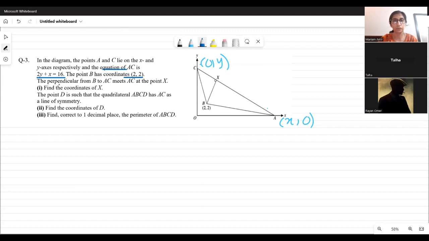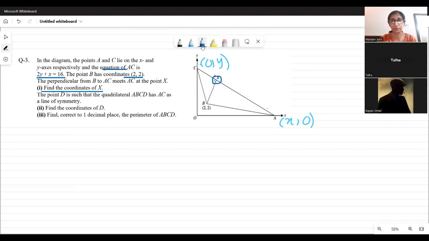The perpendicular from B to AC meets AC at X. Find the coordinates of X. Okay. So how do we find the coordinates of X? Let's reread the question. In the diagram, points A and C lie on the x-axis and y-axis respectively.